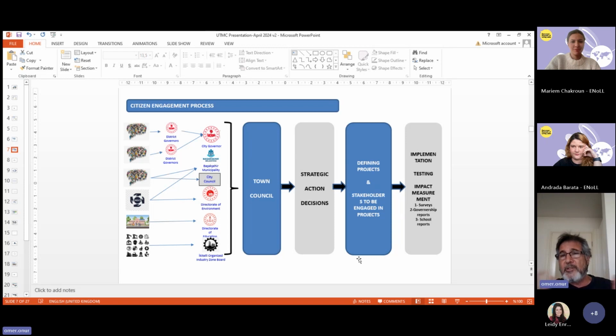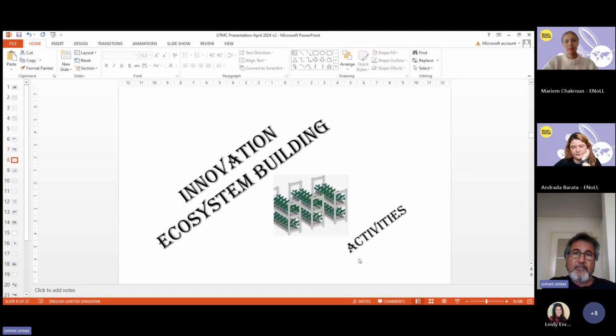And then, of course, the necessary projects and needs are defined. So as a living lab, we get input regarding the city needs from this type of governance structure.